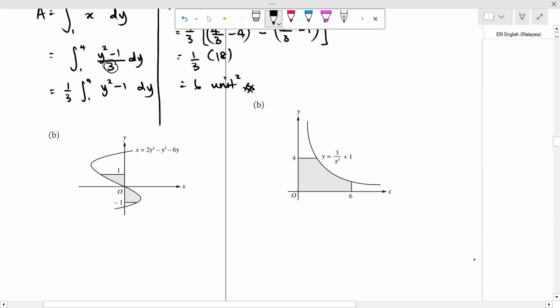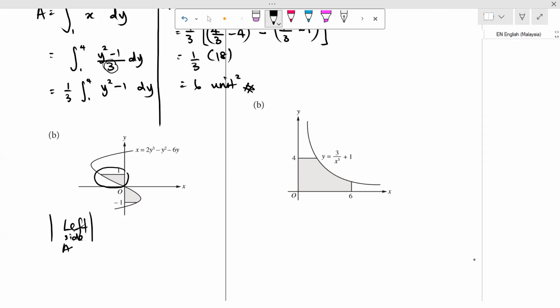So towards the y-axis, because you have left-hand side and right-hand side, you have to understand the left side part. You have to put the modulus for the left side area, which is from 0 to 1, whereas this one is from lower boundary to upper boundary, -1 to 0, onto your x dy.